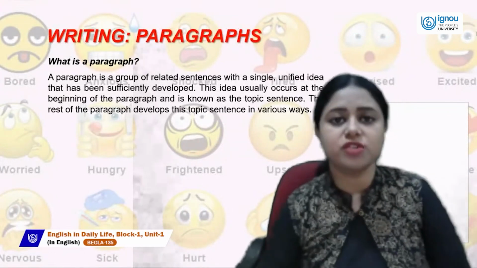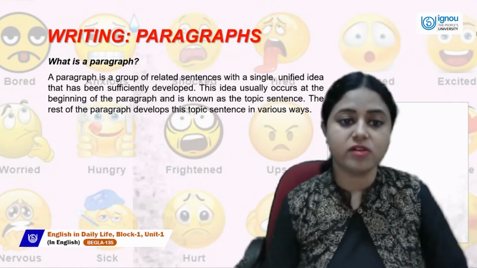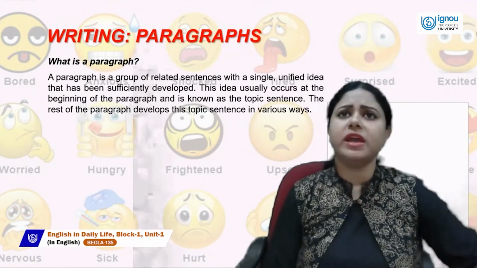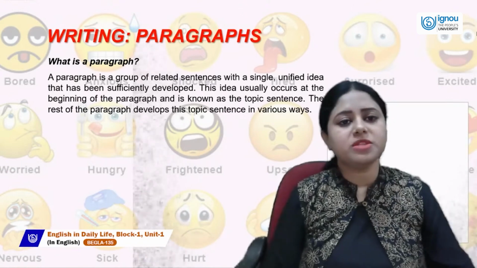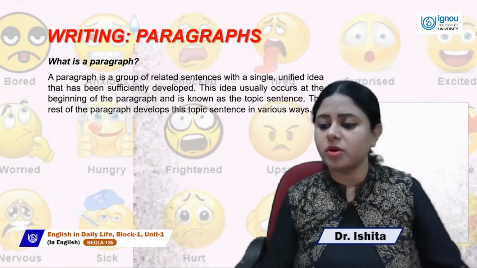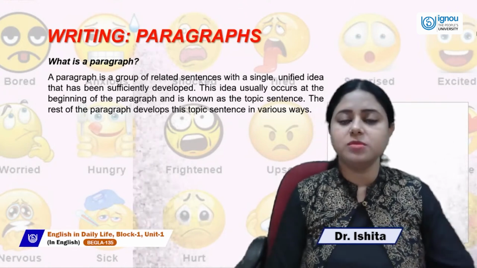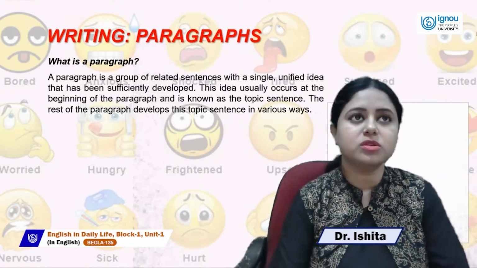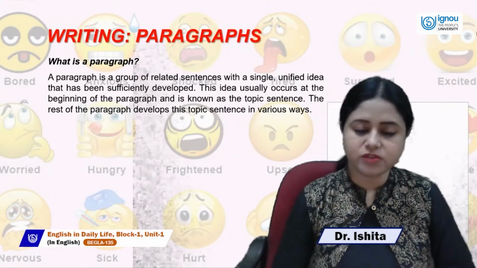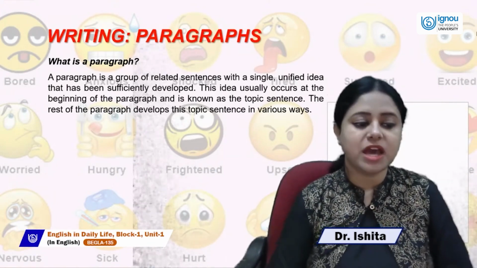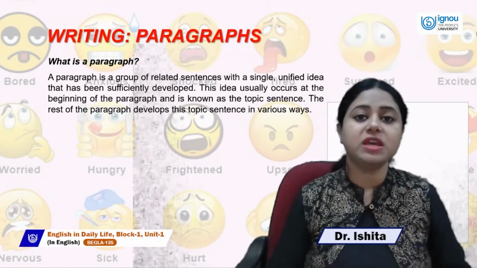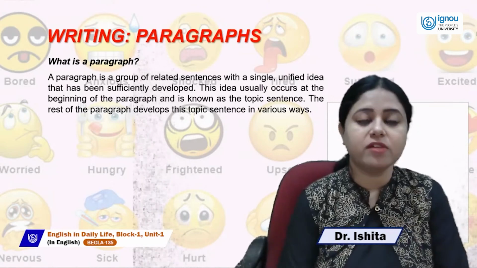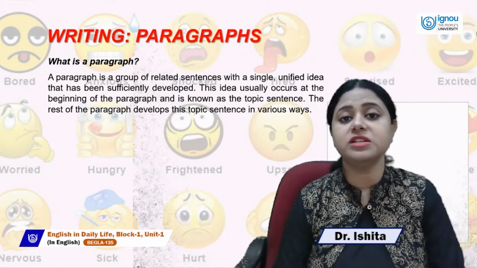You can't have a paragraph that is absolutely disconnected, where in one place you're talking about, let's say, pick any topic, and then you talk about something absolutely different which is not at all connected. Ram eats mango, Sita runs. Okay, you can create a set of sentences like this and call it a paragraph, but ideally they are not interconnected, they do not make any sense together, right? So ideally a paragraph is a group of related sentences.